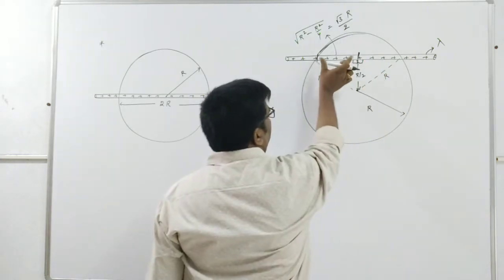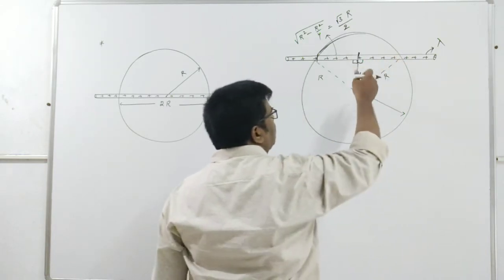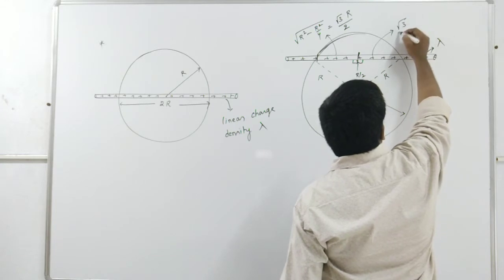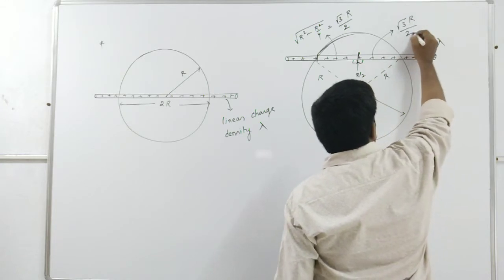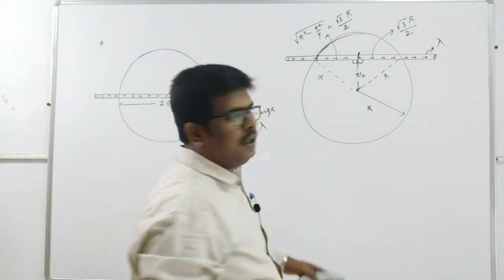So this particular part is root 3 r by 2, and the other half is exactly the same, because it is a bisector. Then how much length is enclosed by the sphere in total?